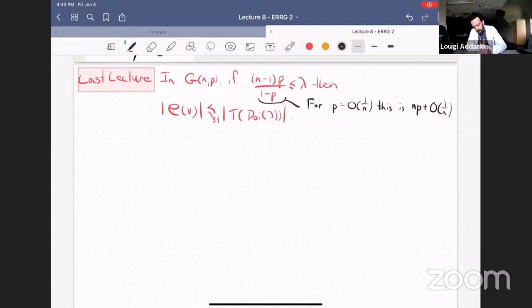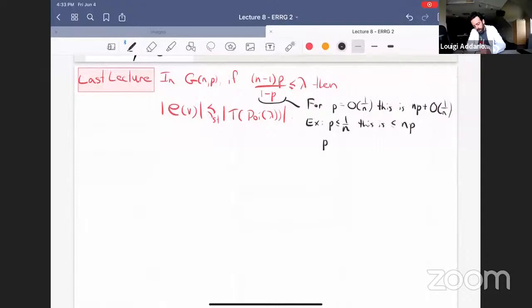As an exercise, this is very easy, just rearrangement. But when p is at most 1 over n, this expression is at most np. So you could just take lambda equals np to get this stochastic inequality.